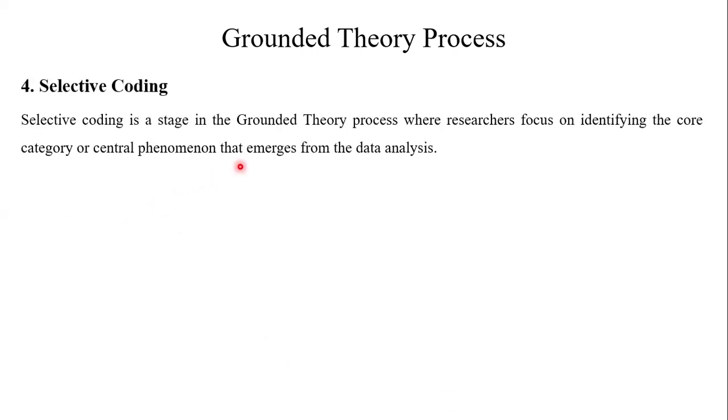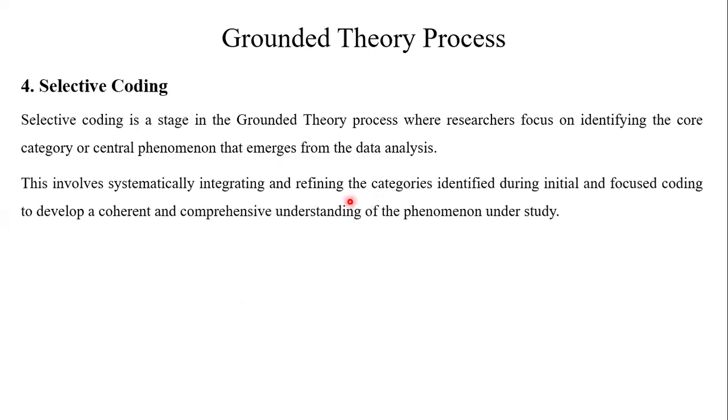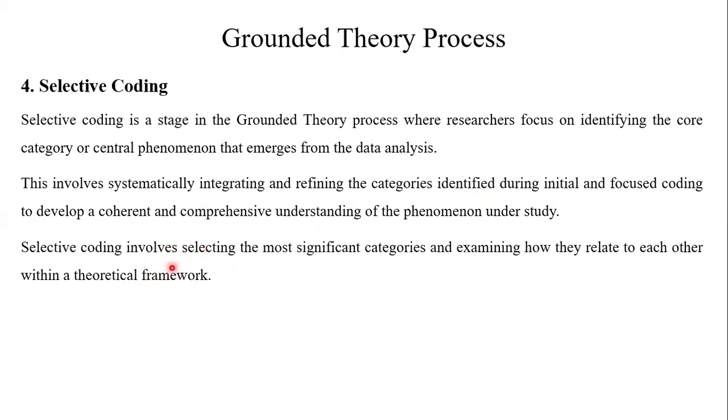Selective coding is a stage in the grounded theory process where researchers focus on identifying the core category or central phenomena that emerge from the data analysis. This involves systematically integrating and refining the categories identified during initial and focused coding to develop a coherent and comprehensive understanding of the phenomena under study. So selective coding involves selecting the most significant categories and examining how they relate to each other within the theoretical framework.